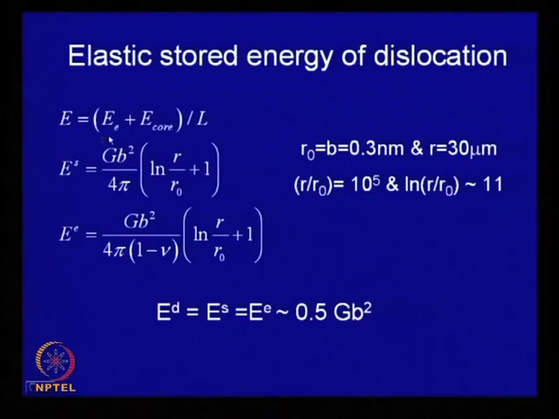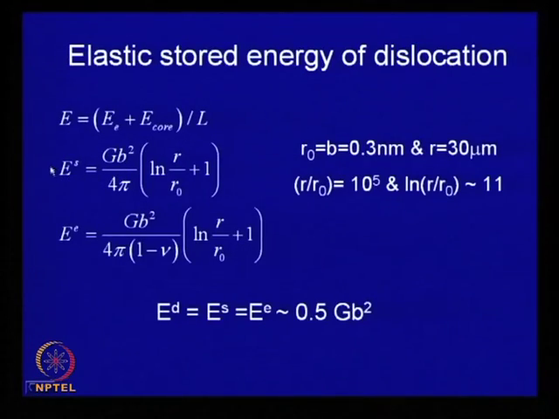In most calculations it is interesting to know the level of this total energy, and we always represent this energy per unit length. So, this is the total elastic energy of the dislocation plus the elastic energy of the core over L. This is the energy per unit length of the dislocation.